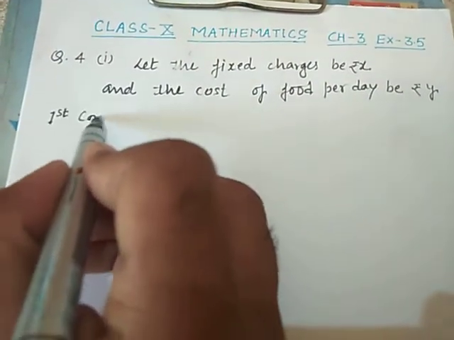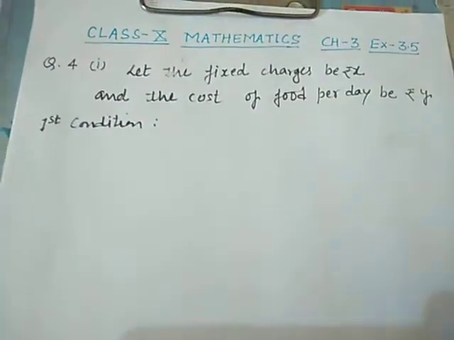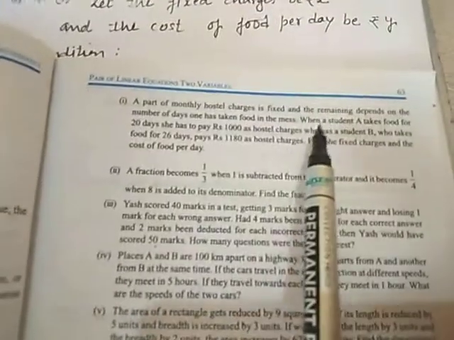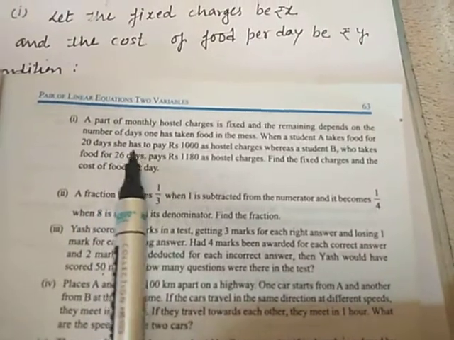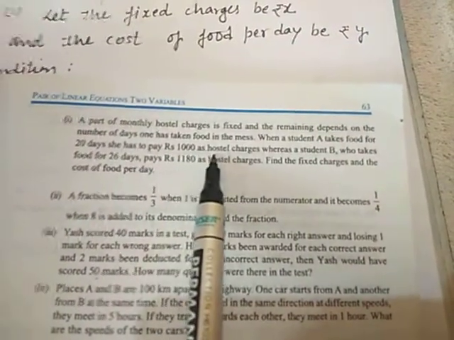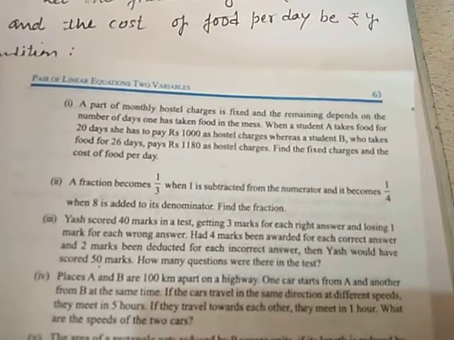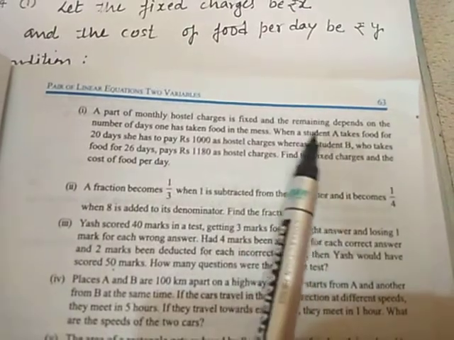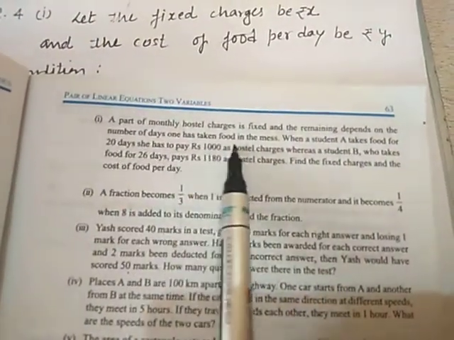According to our first condition, what is your first condition? First condition is, when a student A takes food for 20 days, she has to pay rupees 1000 as hostel charges. So it means student A is taking food for 20 days and we have given the remaining depends on the number of days one has taken.